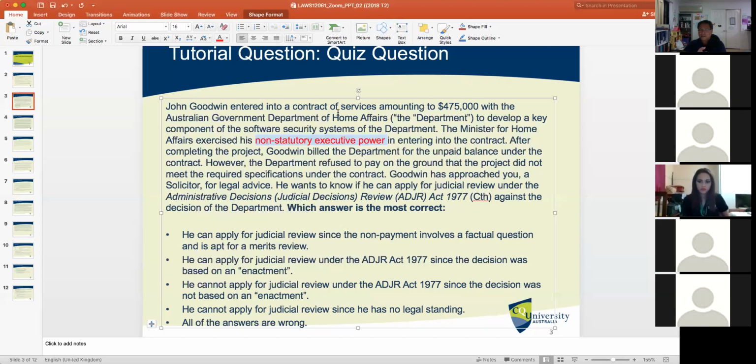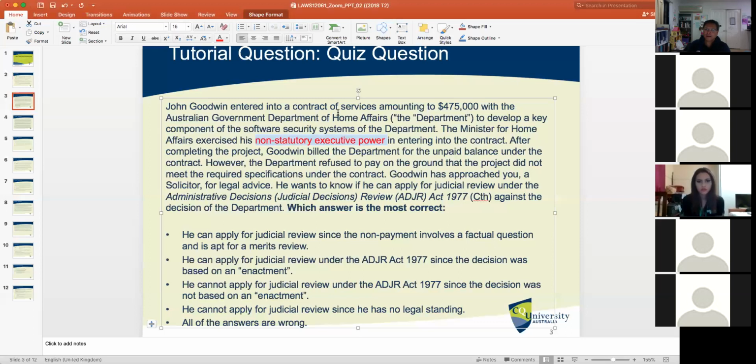Now, as we later on see, and I wonder if I'm beginning to answer the question now. I'm going to avoid doing that for now. But it should be clear that the quiz pointed out that the Minister for Home Affairs exercised his non-statutory executive power.